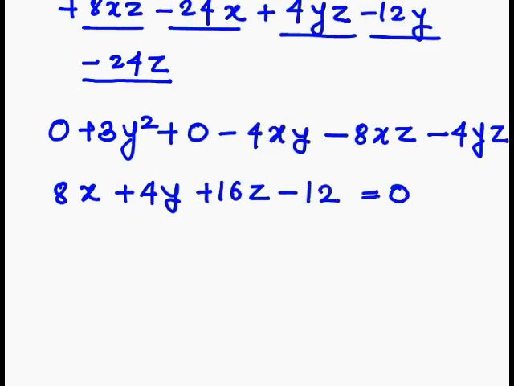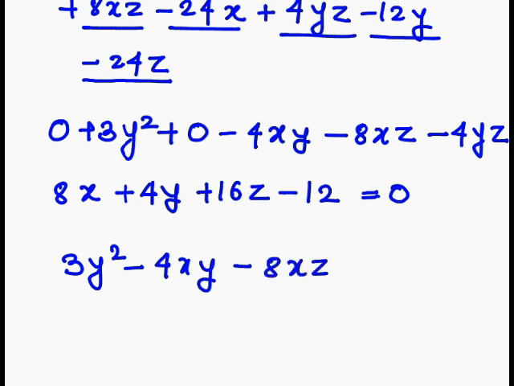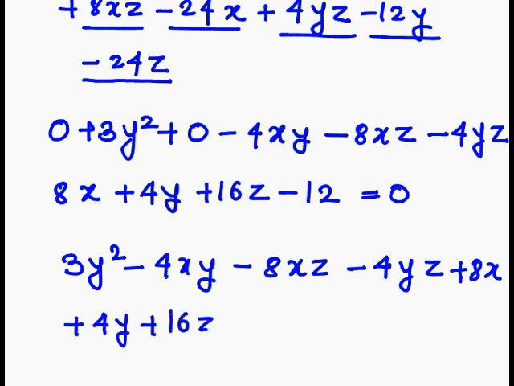So the required equation of a right circular cone is 3y square minus 4xy minus 8xz minus 4yz plus 8x plus 4y plus 16z minus 12 is equal to 0.